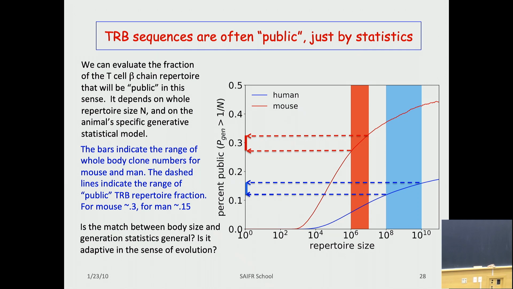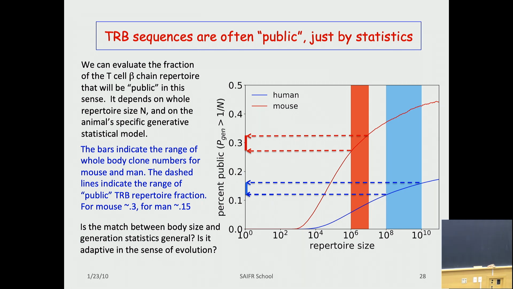So for humans, you see a curve like this. For mouse, you see a curve like this, and the red bar is the rough range of our estimates of how many different clones there are in mouse, and the blue bar is our rough range of how many clones there are in the human being.